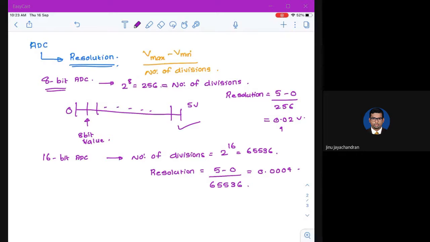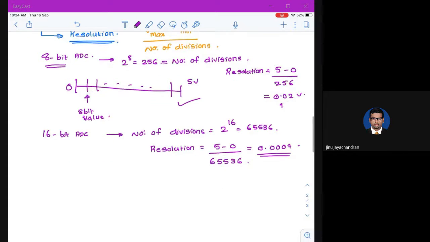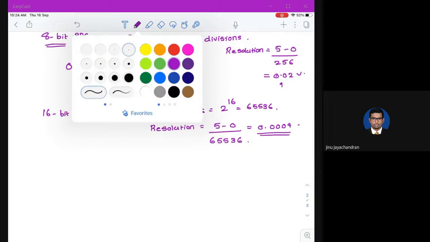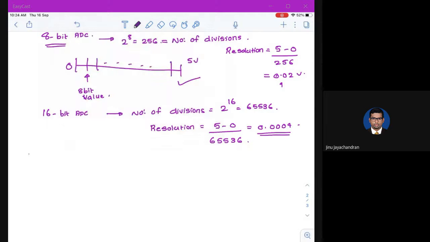So with this value, you can represent much smaller sampled values, which means the ADC is better. But as you increase the number of bits in an ADC, the ADC will become more complicated. It will become slower, etc. Yeah, coming to the performance or the speed.